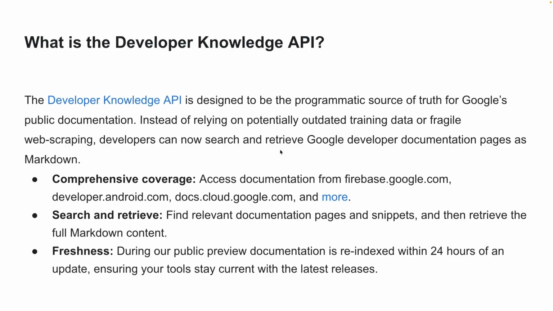So, what is the Developer Knowledge API? It is basically designed to be a programmatic source of truth for Google's public documentation only. So, instead of relying on potentially outdated training data or fragile scraping, developers can now search and retrieve Google developer documentation pages as Markdown. You get comprehensive coverage and access to the public documentation, and you can search and retrieve the relevant documentation pages and snippets.